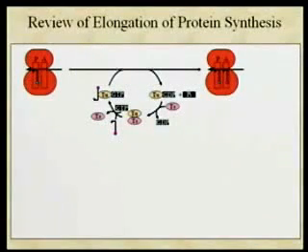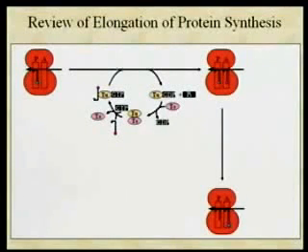Only the tRNA that has an anticodon that can read that codon will actually insert into that A site. In that process, the GTP is hydrolyzed, and then TS acts to dissociate the TU from the GTP to produce the complex again, and then you repeat this process. All right, so that's the first step in elongation.